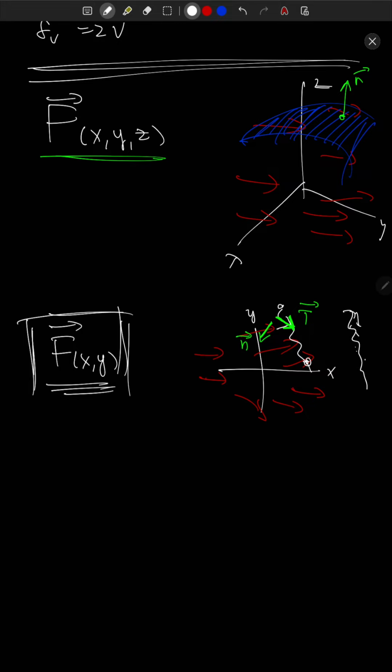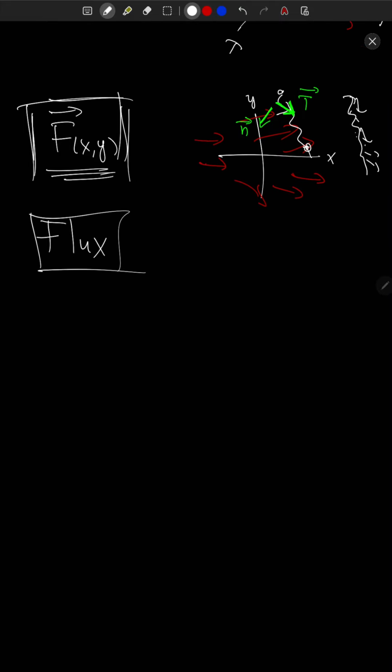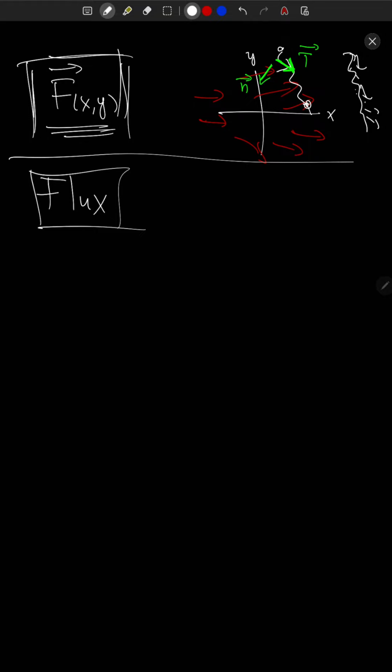So I can measure the vector field along the curve as I travel. But for a surface, there's no such thing as along. There's no moving from one point to another. It's an entire two-dimensional object. But the word across does make perfect sense. Okay, so flux. That's what we're going to talk about.